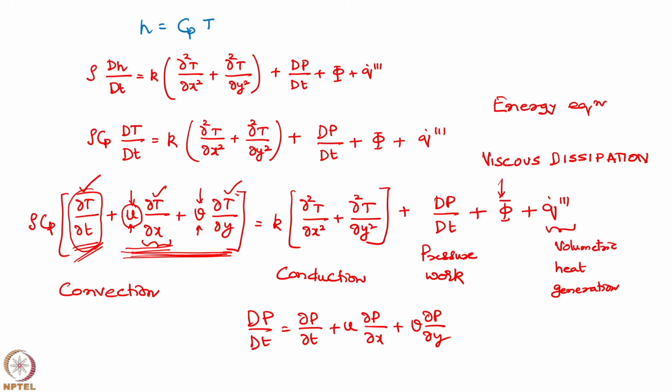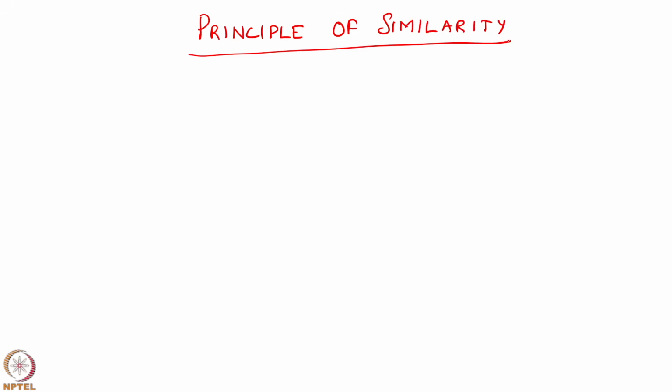So now I have the conservation of mass, momentum and energy equations. Now the question is, we will apply what is called the principle of similarity and non-dimensionalize these equations and see what non-dimensional numbers emerge.